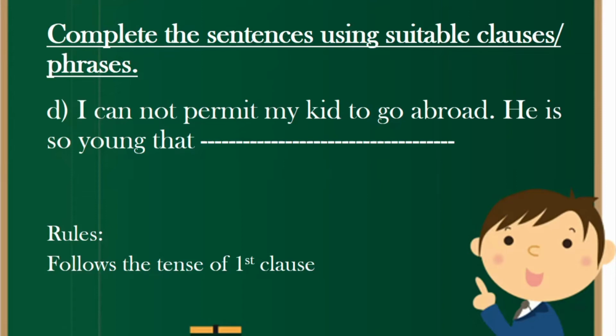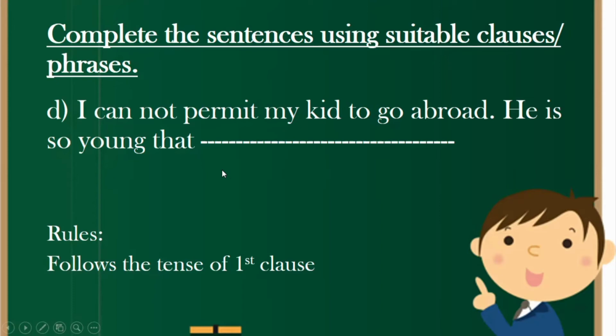They are unable to move around all alone. And we are very conscious about security and safety. So that's why, here, he is so young that, being young, what he is doing or how he is, we have to complete the sentence giving that kind of information.